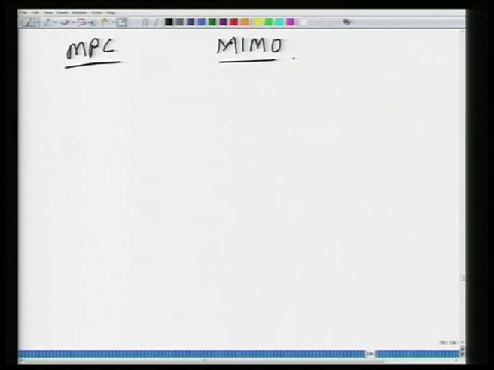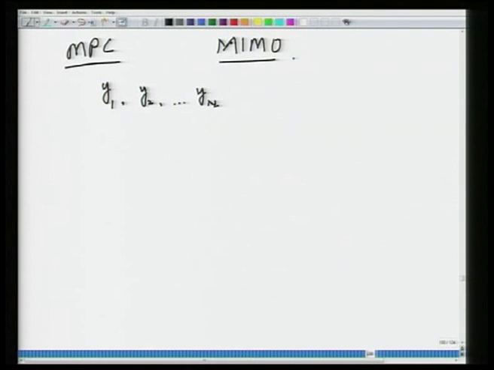For the time being, let us just consider a square system. If you take a square system, then you have output 1, output 2, and let us just say output n.